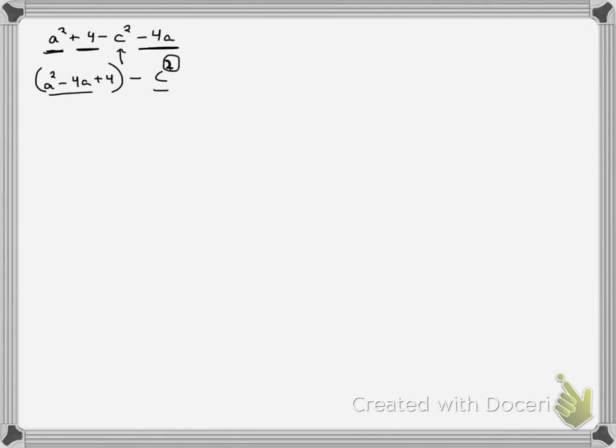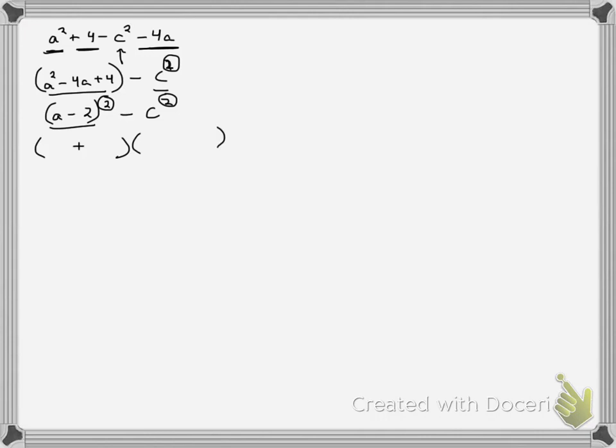Can I rewrite this trinomial as something squared? Well, hopefully you recognize that as a minus 2 squared from back in your days of factoring a trinomial. Now I have something squared minus something squared. See how that works?